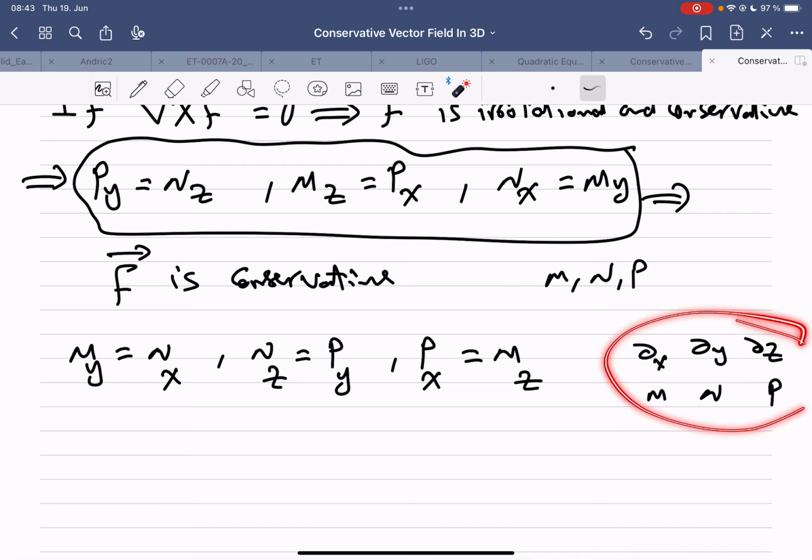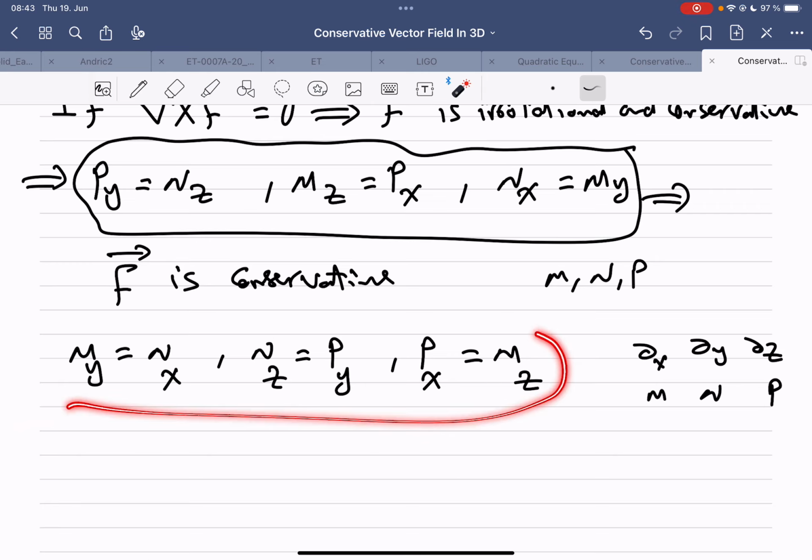So if you're able to remember this condition, it will be fine.